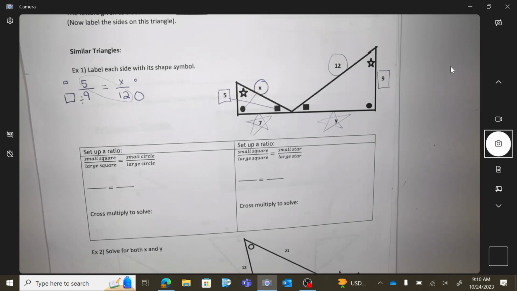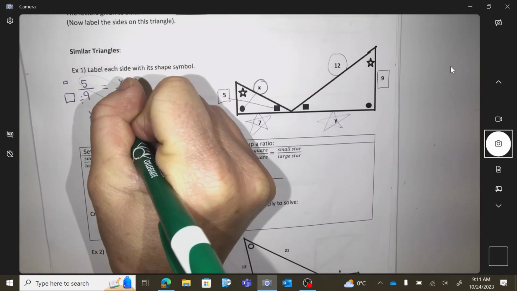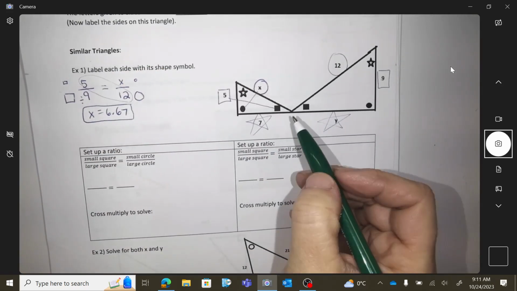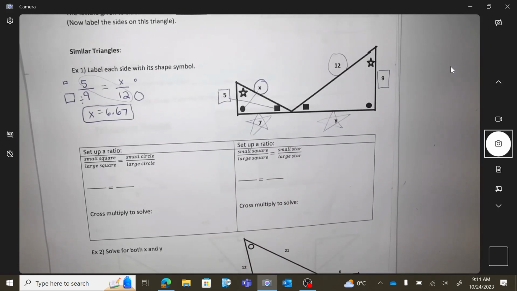So now that you've heard the word, do you remember doing that somewhere in your math? So 5 times 12 divided by 9 means x would be 6.67. Does that kind of visually make sense, that number?